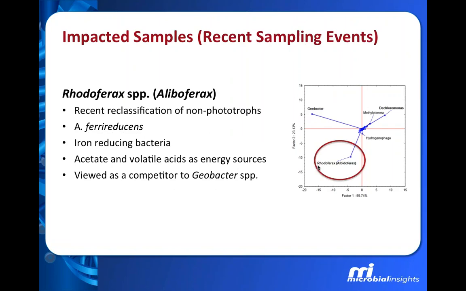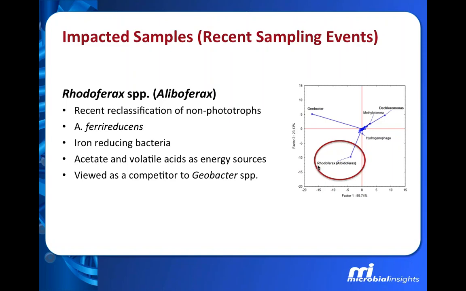Now, in our more recent sampling events, we saw that the group of samples had a high relative abundance of Rhodoferax. And there's been some reclassification in this genus. As many of you know, taxonomy can be more dynamic than we might think it should be because there are frequent reclassifications as organisms are discovered. 16S rRNA gene similarities are identified and viewed in different lights based on their phenotypes or other characteristics that may be available.